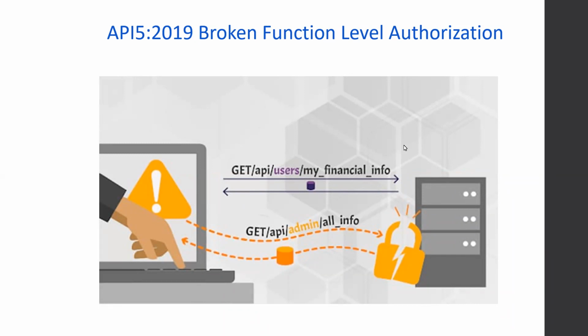This can be a bit easy to understand example where in the diagram you can see get API users my financial info, where there is an endpoint that says get API admin all info, where you are able to perform an action that is only limited to admin. That vulnerability would be called a broken function level authorization.